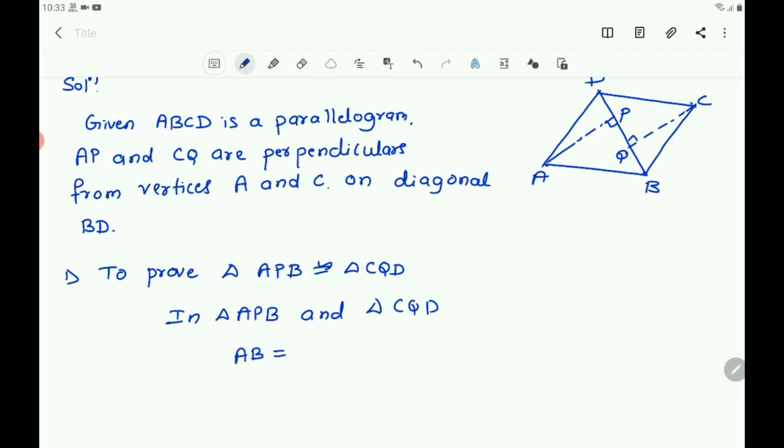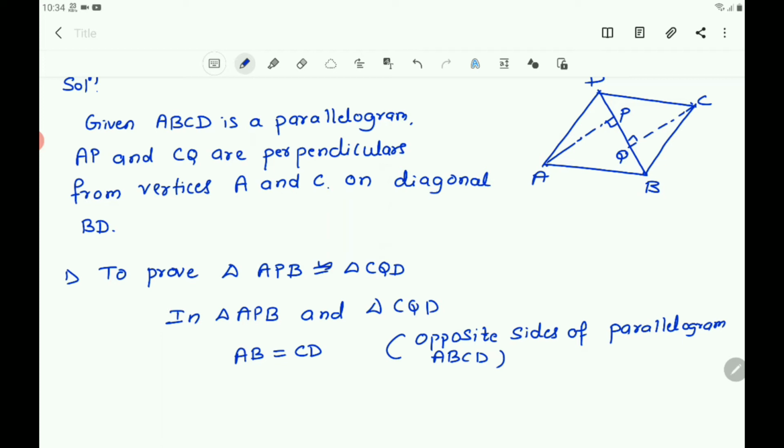Why are they equal? You know that they are opposite sides of parallelogram ABCD.